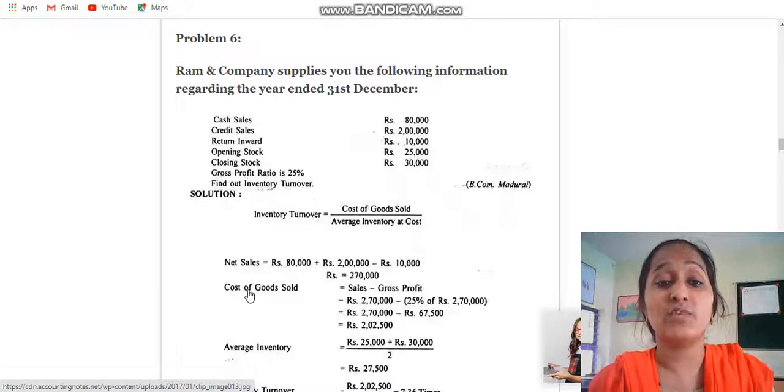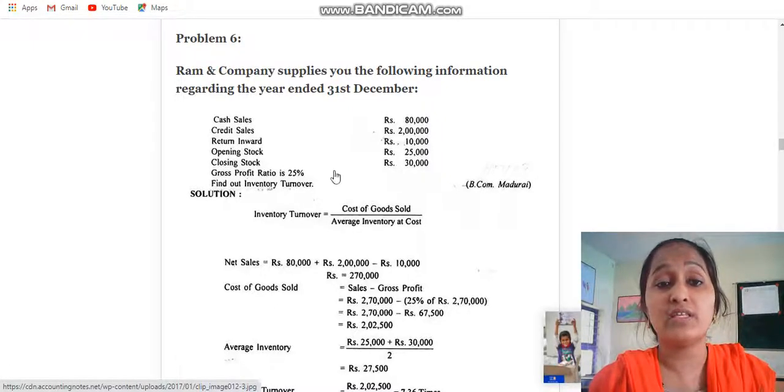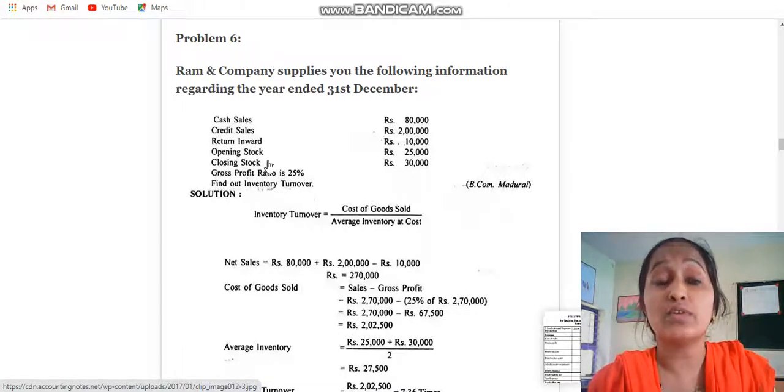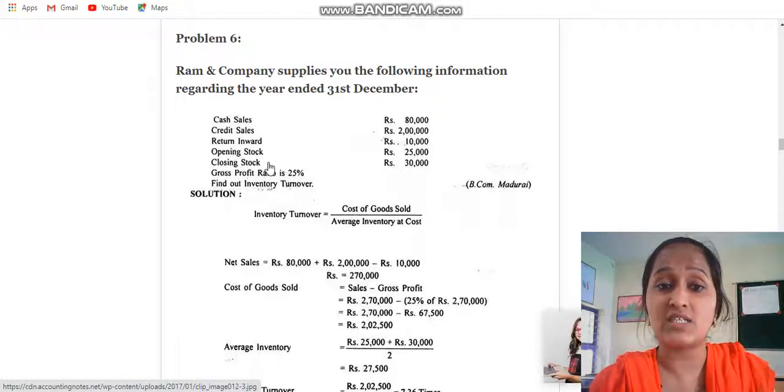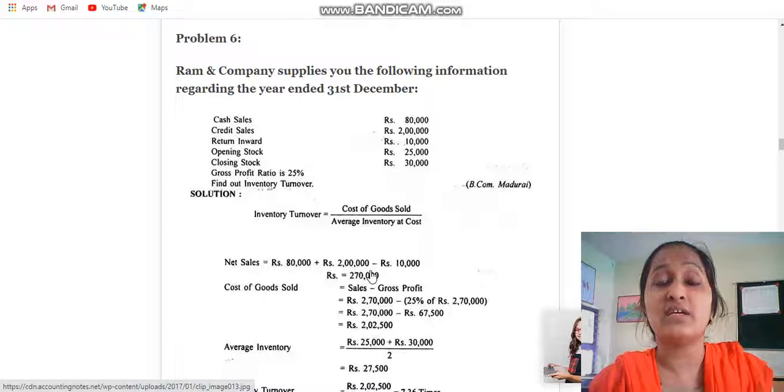Then the next working note we are supposed to do is cost of goods sold. Directly, nowhere is it available in the question. So cost of goods sold equals sales minus gross profit. Identify what exactly the sales figure is. We just calculated the sales figure, after deducting sales return, as 2,70,000.